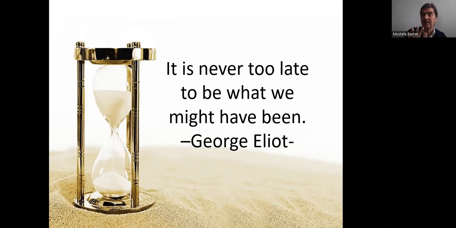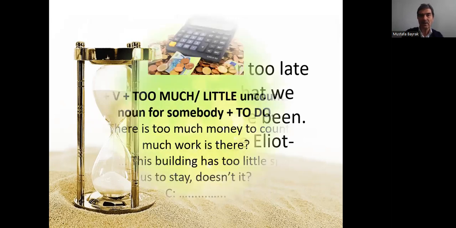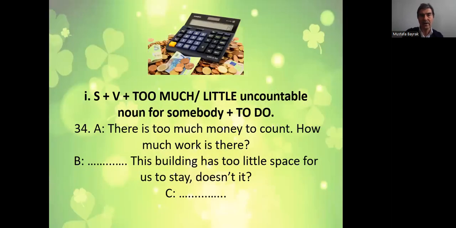So it will be waste of words to use for us because we clarifies the situation. Okay, let me read it for the last time. It is never too late to be what we might have been so far. In parentheses, so far.